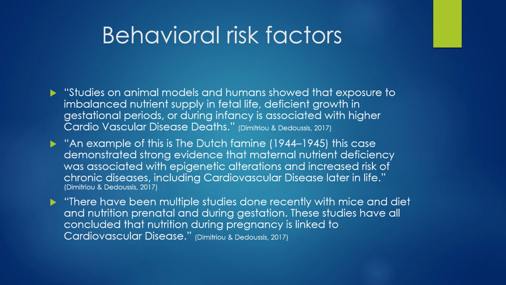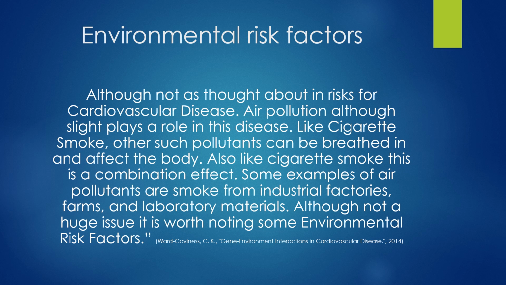There have been multiple studies done recently with mice on diet and nutrition prenatally and during gestation. These studies have all concluded that nutrition during pregnancy is linked to cardiovascular disease. Although not as thought about as a risk for cardiovascular disease, air pollution, although slight, plays a role in this disease as well.